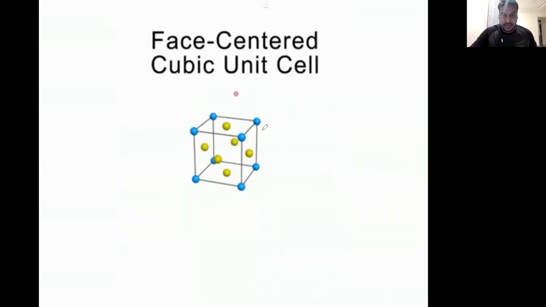This is one particular type of layer. This is all one particular layer. Next, we have this as the second layer of atoms. Next, we have this as the third layer of atoms. And then we have this as the fourth layer of atoms. Correct?